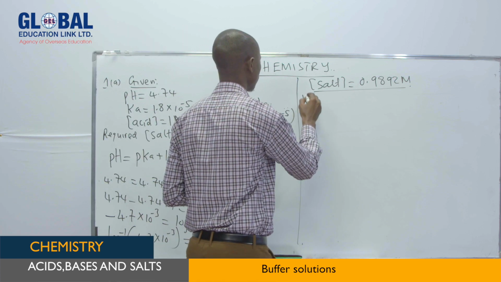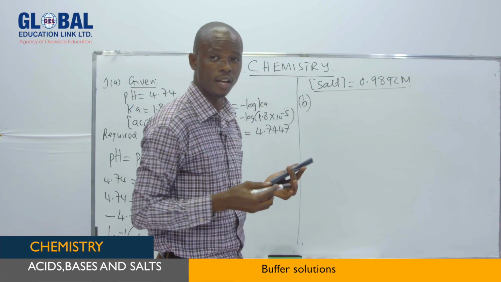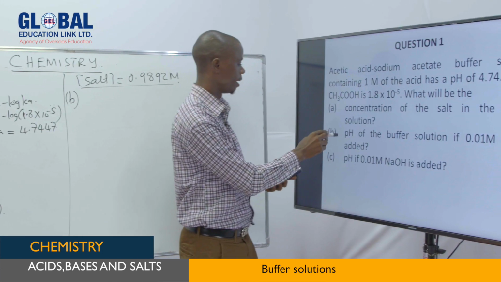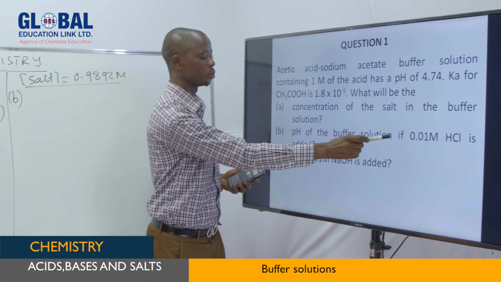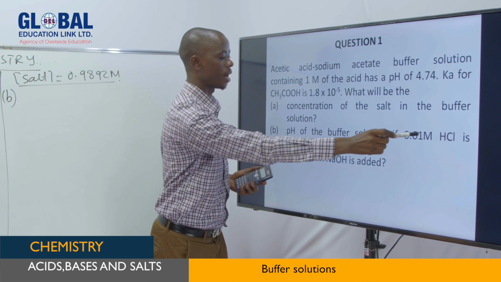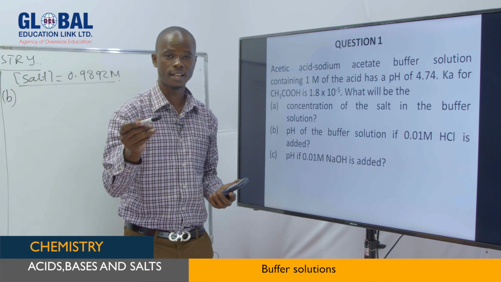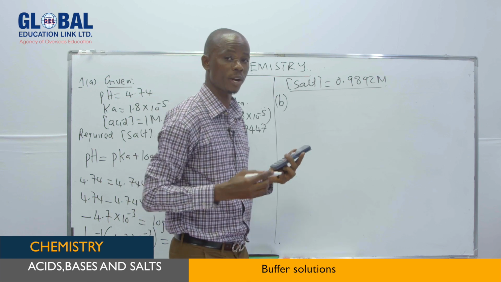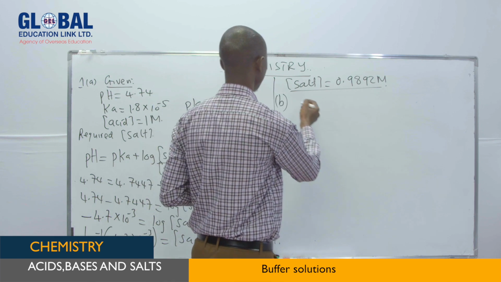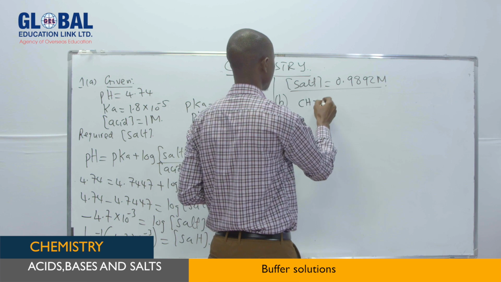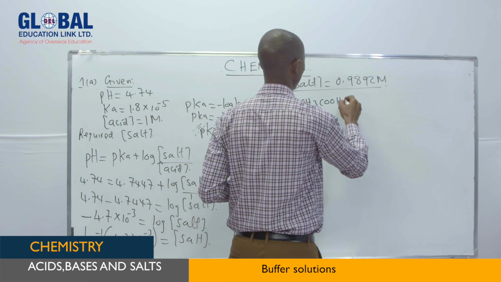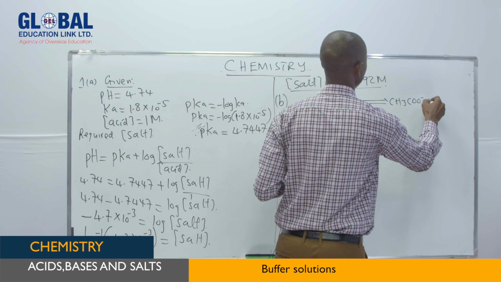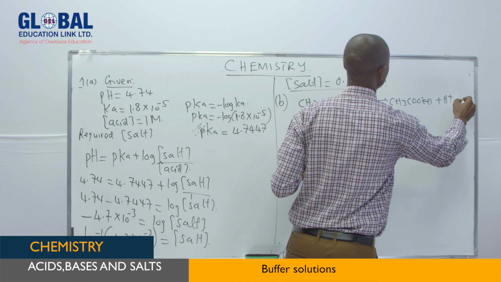Now coming to B. Now question number 1B says the pH of the buffer solution if 0.01 molar hydrochloric acid is added. That is also very simple that we can discuss here together. But to discuss that one, we need to go back to the buffer system that we have: the acetic acid, which ionizes partially to give the acetate ion and hydrogen ion.